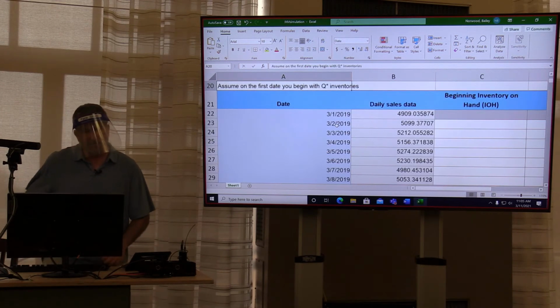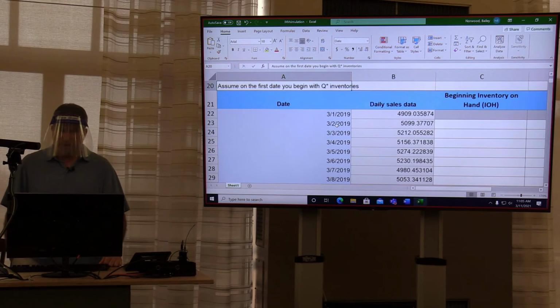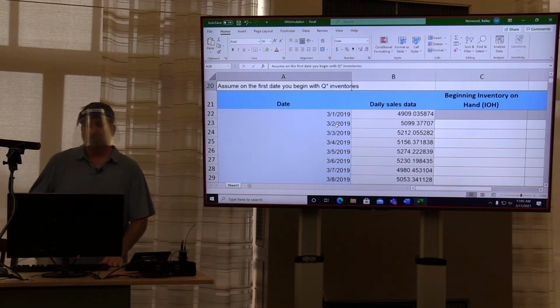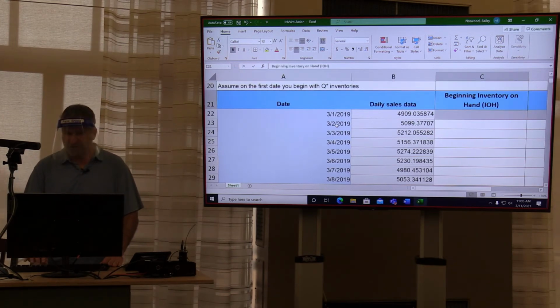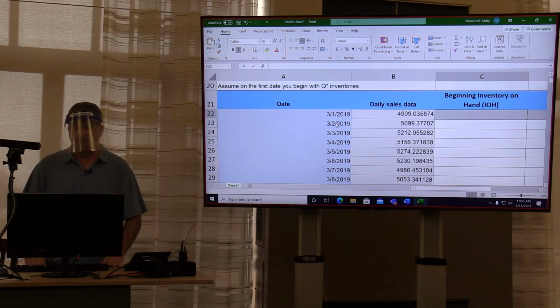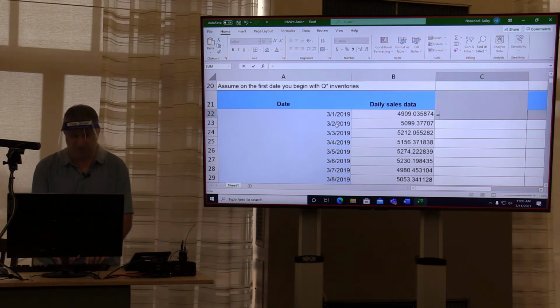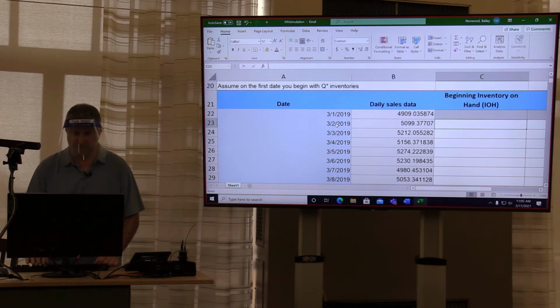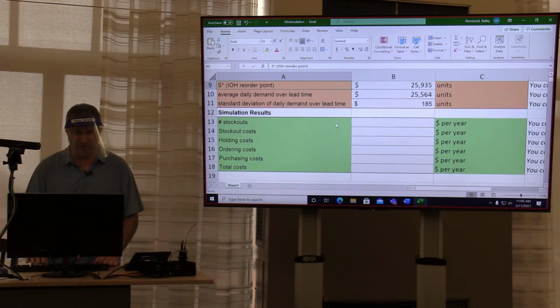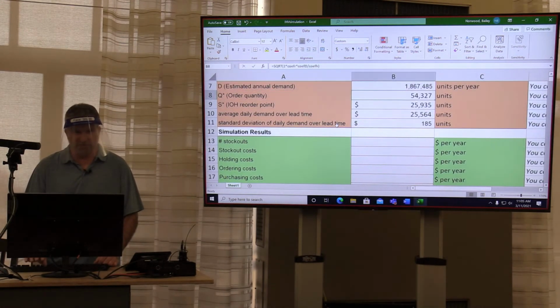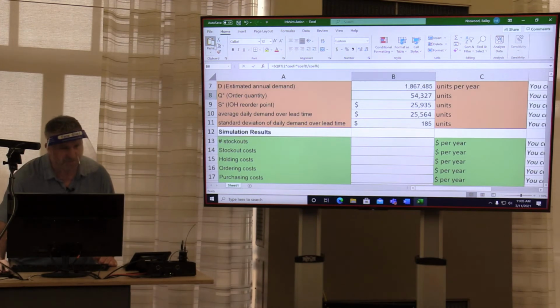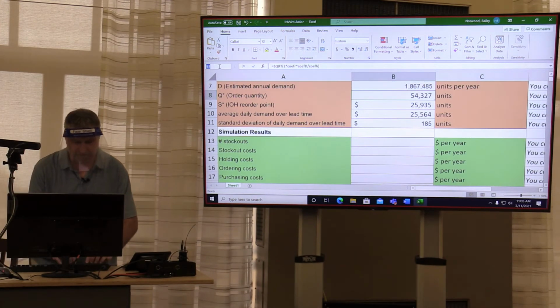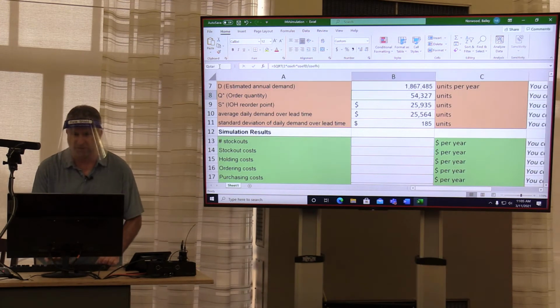I'm going to tell you that on the first date, let's suppose that you begin with Q star inventories. So our first date here is March 1st, so we're starting. I'm going to give Q star a name. Q star is our calculation here, and I'm going to call it capital Q star.